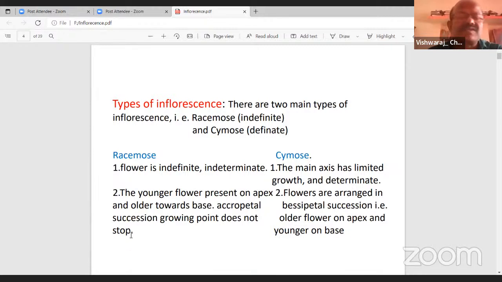In racemose, the growing point does not stop. But in cymose inflorescence, flowers are arranged in basipetal succession, which means the apical flowers mature first, then basal flowers. That is, older flowers at the apex and younger on the base.